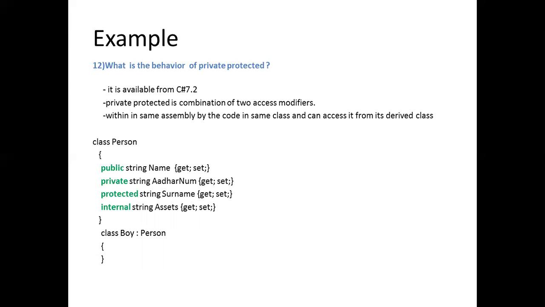Protected: you can use this in the same class as well as a derived class. Internal: in the sense, use this in the same class as well as a derived class from other assembly. These are the four access modifiers' behavior.